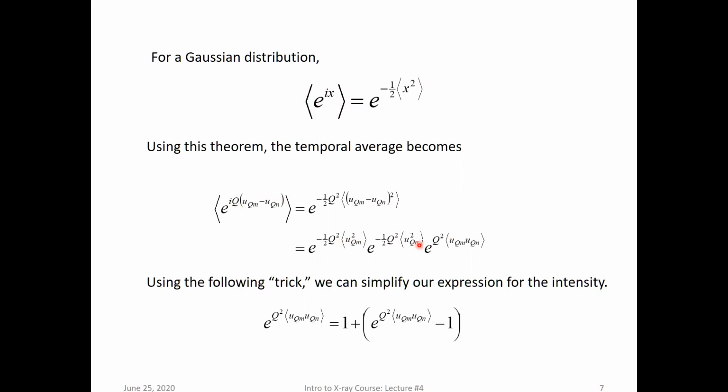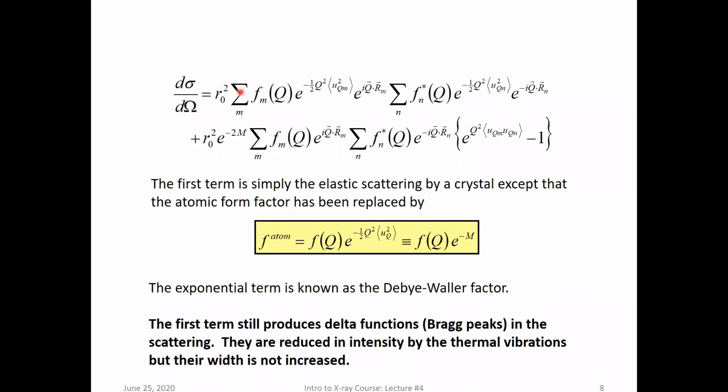This is the average square amplitude of the mth atom. This is the correlation between them. I can simplify this whole expression by adding and subtracting 1. And what that allows me to do is put this all back into my original expression, and it breaks into two terms. Up here is the 1. Here is the thing minus 1. And so this is our original expression.